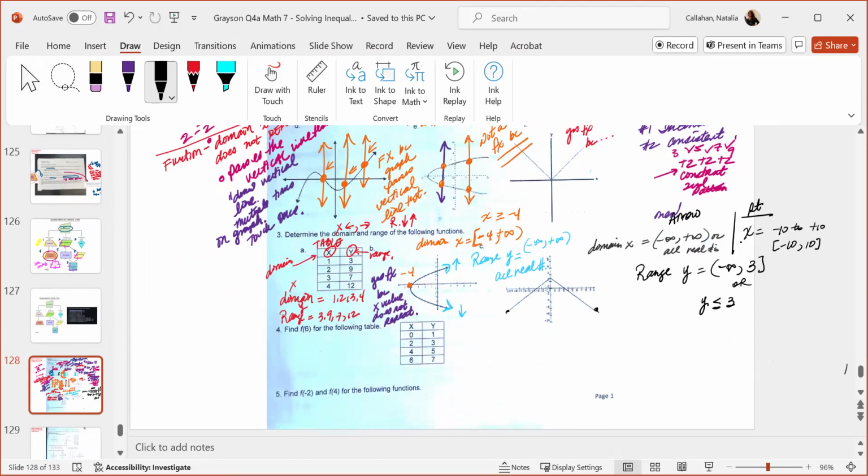Okay. Number 6 or 4. The way you read this is f of 6. So what this is saying, I want you to pay attention, when x equals 6, f of 6 is y. What is y equal to?